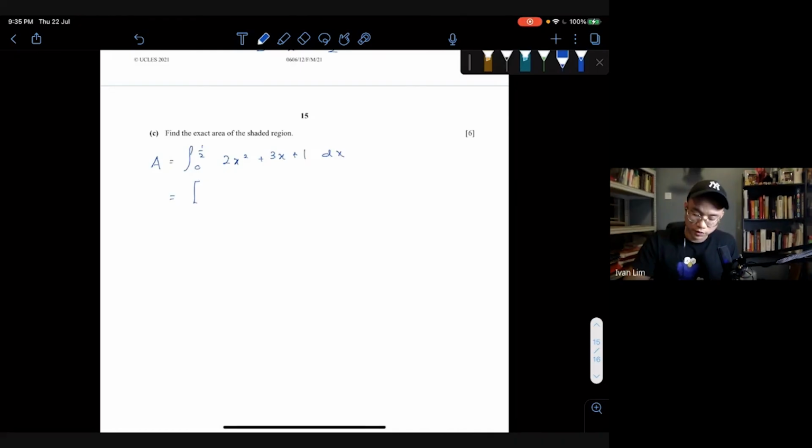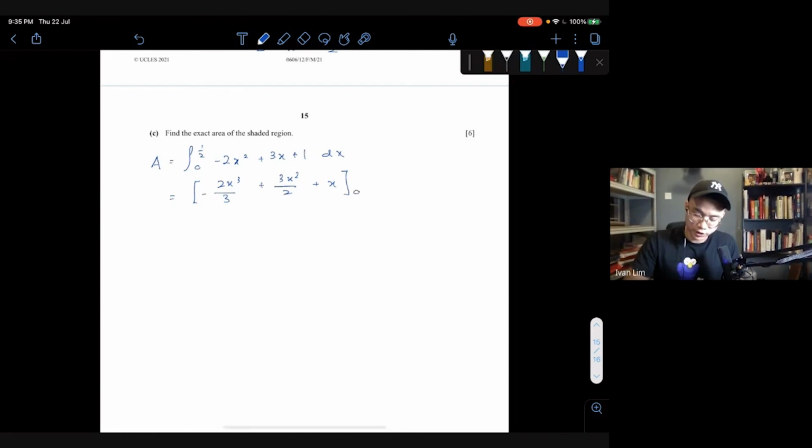So here will be 2x cubed over 3. Okay, I think there's a minus here. Okay, minus 2 over 3 x cubed plus 3x squared over 2 plus x.